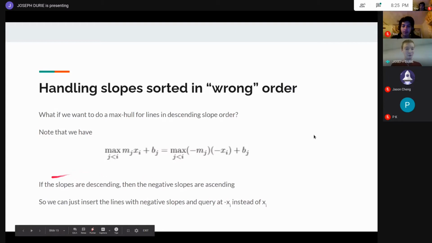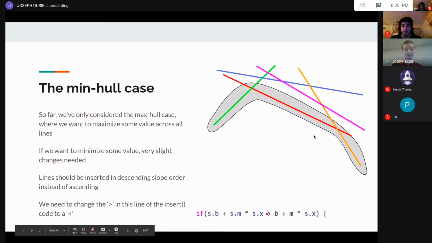So now if the slopes are descending, then the negatives of your slopes are going to be ascending. So if we insert with negative slopes and we query at the negative x values, we get the same answers. So you can play with the negatives to make it work the way you want. And I think you can also do a similar thing to turn a max hull into a min hull, but it's generally much easier to just change the one character.